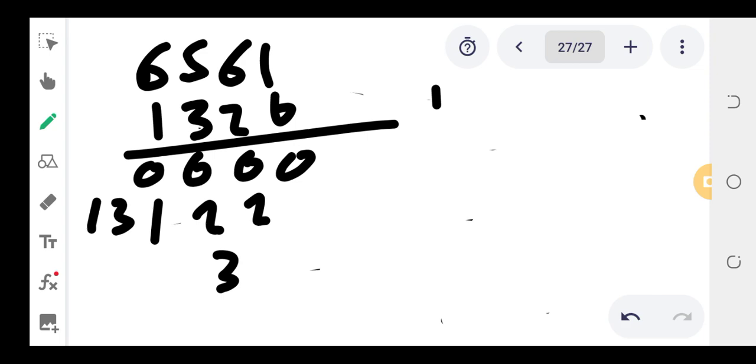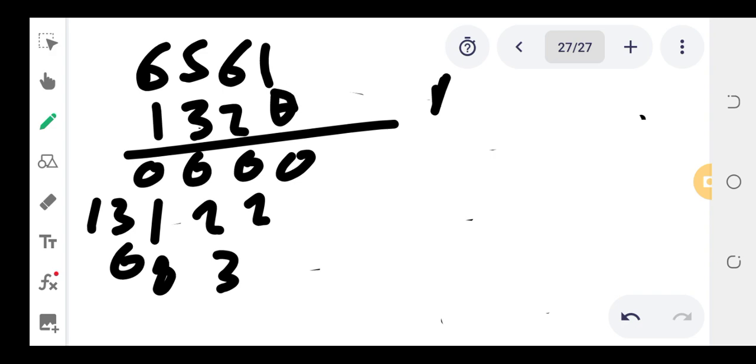It is 18, we carry 1. Then 5 times 3 is 15, so it will be 16, we carry 1. There we have got 3.